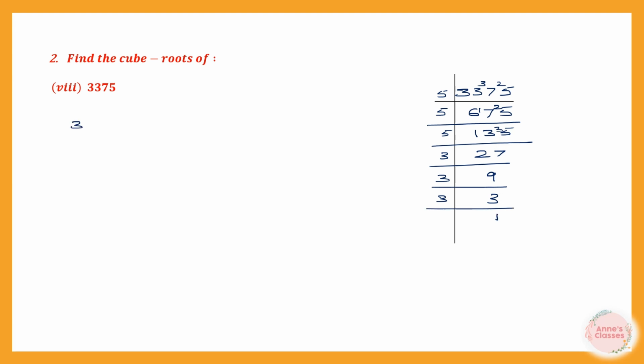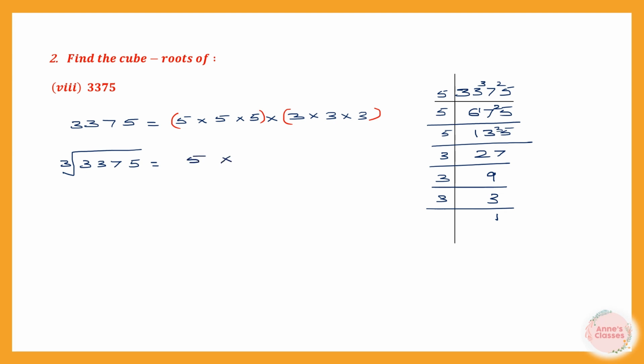So all the factors of 3375 is 5 into 5 into 5. And then we have 3 3s. 3 into 3 into 3. So the cube root of 3375 is, after you put them in triplets, taking one out of each, it's going to be 5 into 3.